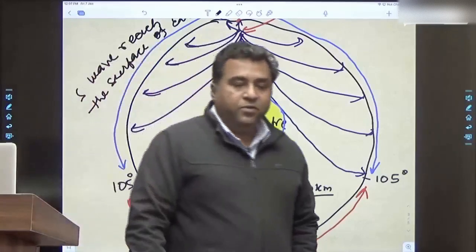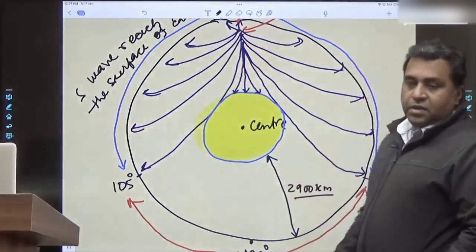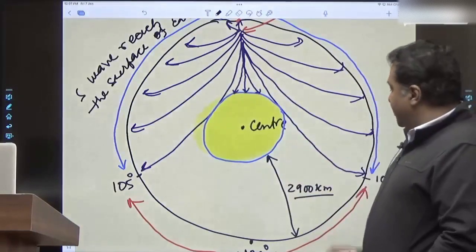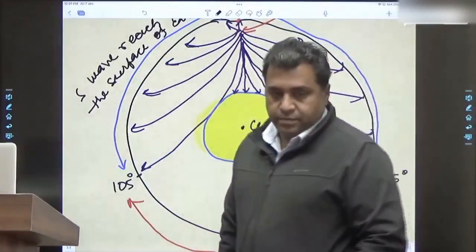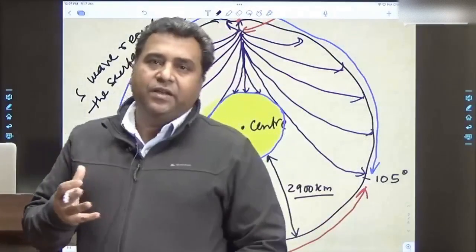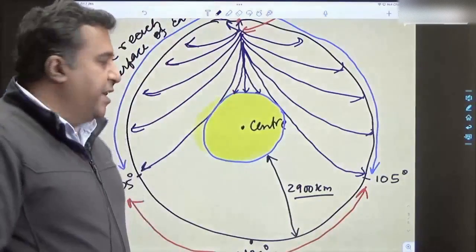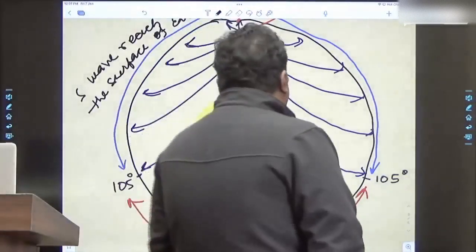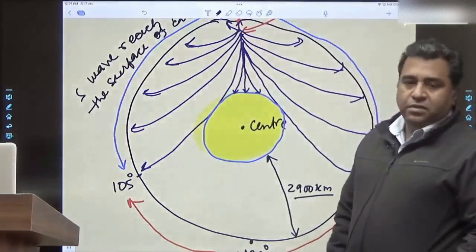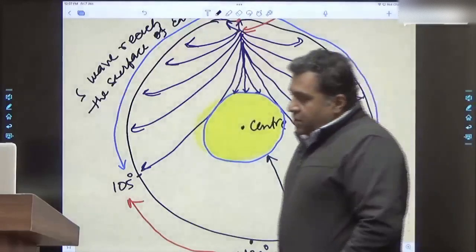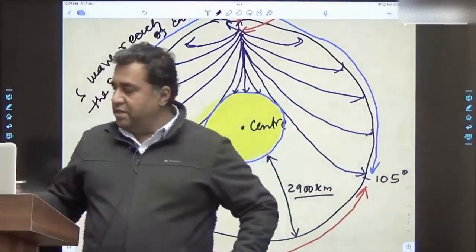You can see here, at a depth of 2900 kilometers from the surface of the earth. That you can find from the angle calculation. That is mathematical, you can calculate and figure out. By the bending and all this, we can figure out. Is at the depth of 2900 kilometers from the surface of the earth. Right?